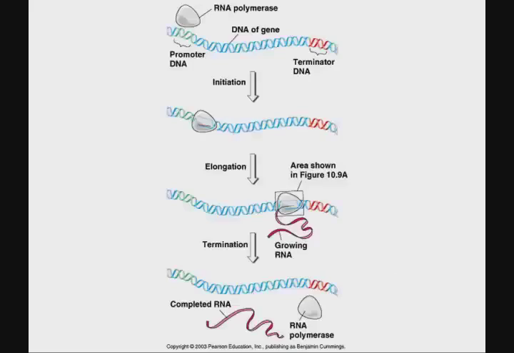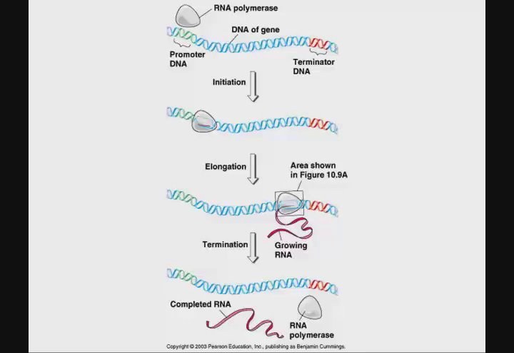Now, if we look at this process, you can break it down into 3 major, very general steps: initiation, elongation, and termination. So initiation is simply going to be that. We're going to bind an enzyme, which is a protein in this case, called RNA polymerase. It's a protein that polymerizes an RNA molecule because it's a polymer. And it's going to use the DNA, the information in the gene, as the template.